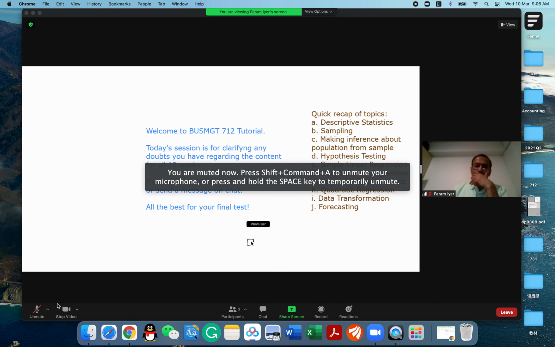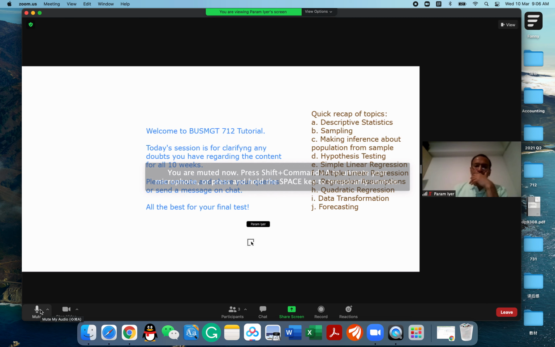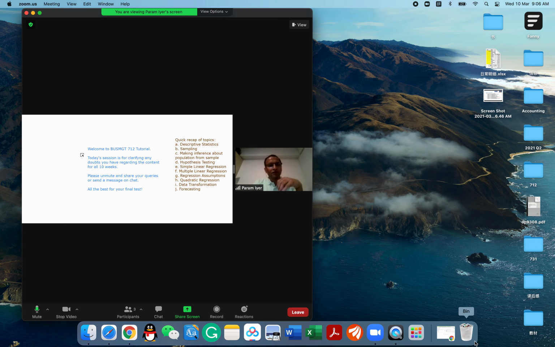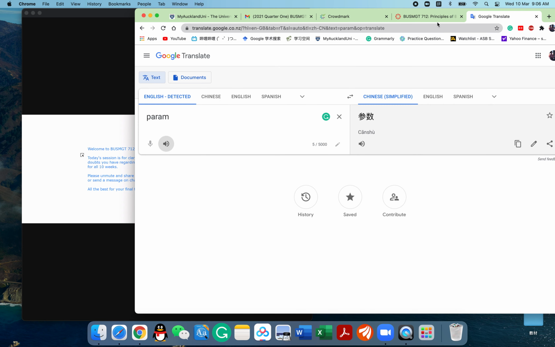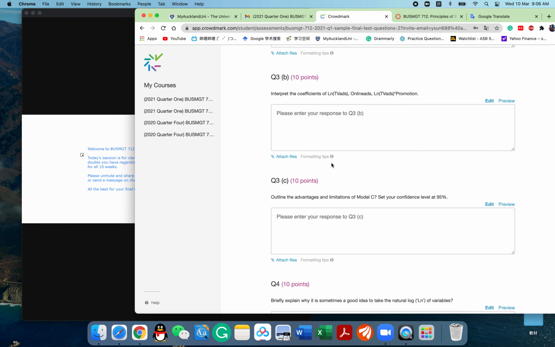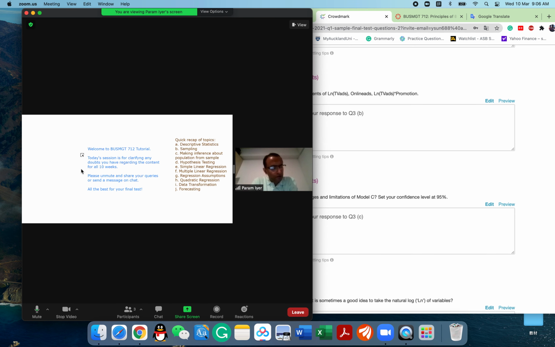I had a quick question about log regression. In the quote marks, the instructor gave us some example tests, and I found a question about interpreting the coefficients of the log. Some variables are log, some are original data, and some are log minus the original data.